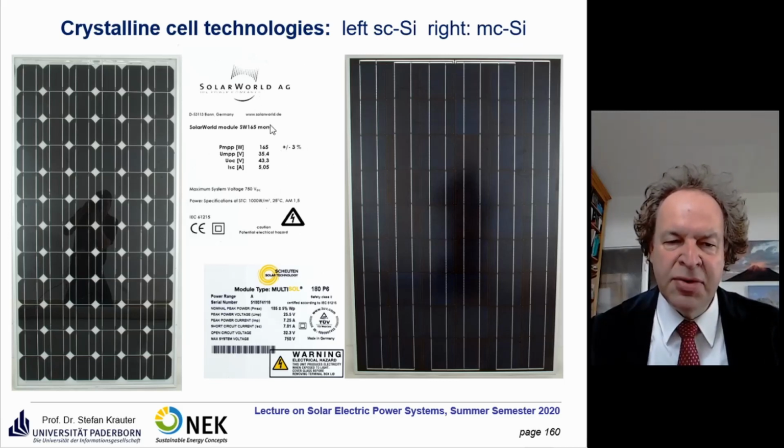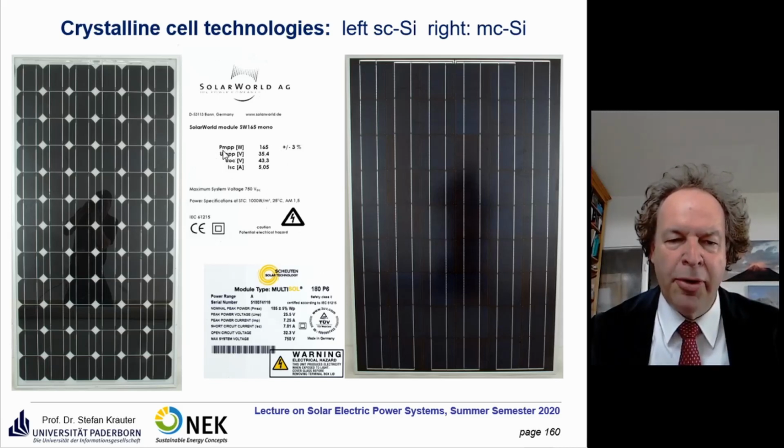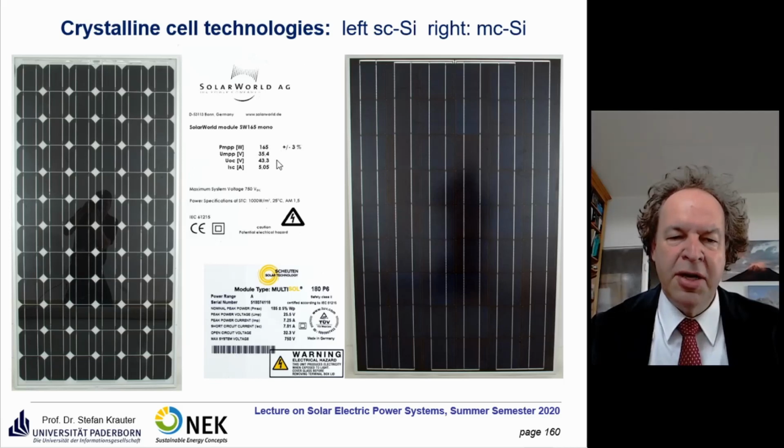And here you see the data sheet of the module, and you see the power at maximum power, in the maximum power point, as you learned already. During that time, it was 165 watts. As I told you already, nowadays the power of a typical high-grade solar module is 400 watts.